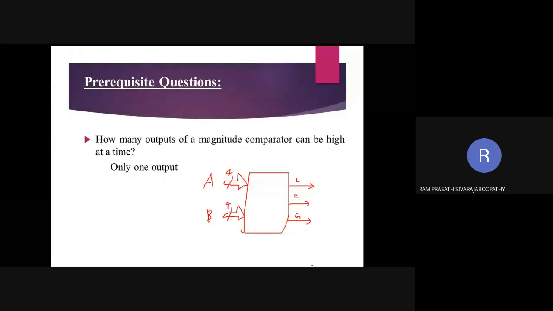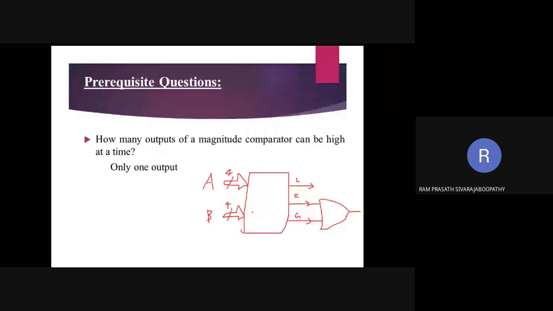I am clearly saying the words greater than or equal to. What do we have to do with the outputs? Yes, very good, Srigari. We have to use just an OR gate. This output will be 1 if any one of the conditions gets satisfied. Like this, you can design any circuit.